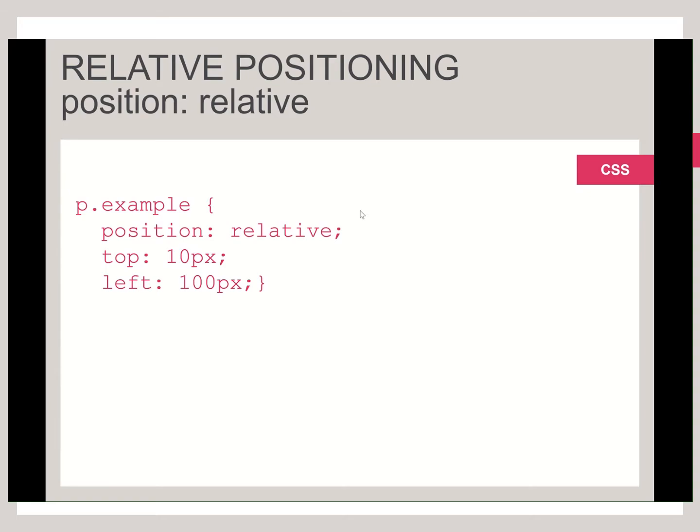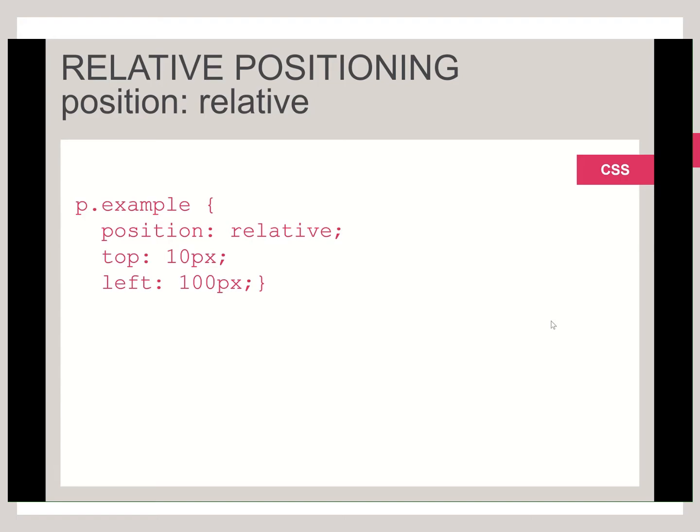Like this example: for the paragraph with the class attribute example, we set its position layout using the relative scheme, and then the offset here is top 10 pixels, left 100 pixels.